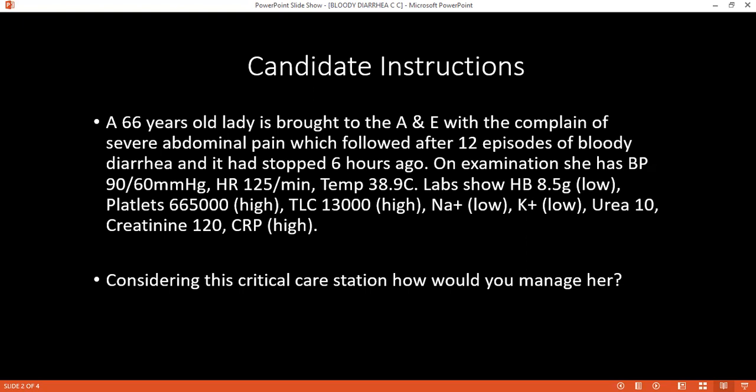Also give the patient antibiotic as the patient has fever. Also consider giving the patient a painkiller as the patient came with abdominal pain.